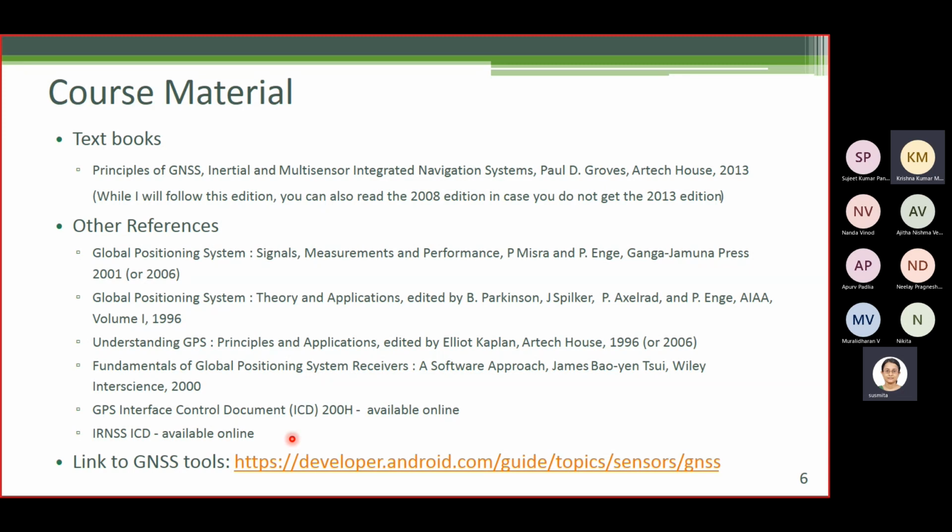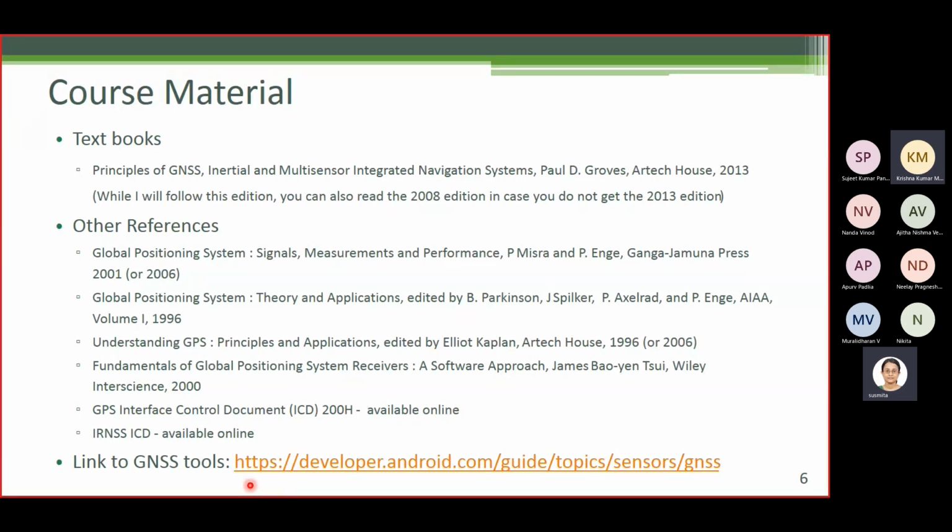Here we have a link to GNSS tools. Now, you may ask why it is required. In this class, we have a mini project where you will have to log raw GNSS data using an Android phone. And then you also need to process the raw GNSS data to get the final output, position, velocity, etc. So this will give you a feel for what we are going to discuss.